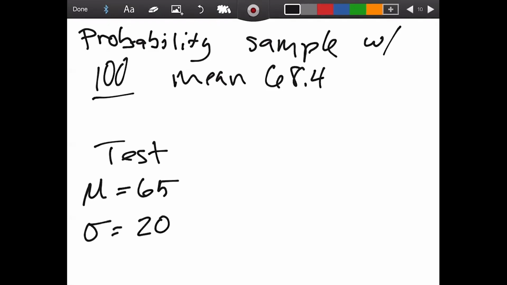And so what do we need to do first? Find the z-score. Well, so yes. Not standard deviation, the standard error. Yes. So we do need to find the z-score, but to get that exactly, we need to find the standard error.